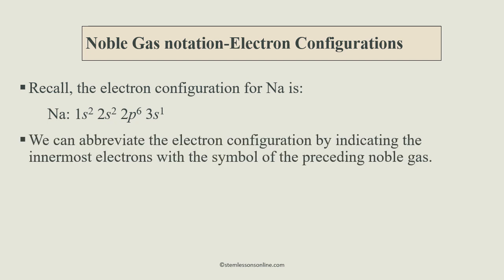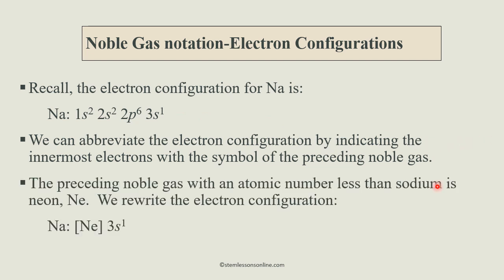If we consider the valence electron 3s1 separated from the core electron, which is the inner electron, we can write the electron configuration as Ne, that is a noble gas, because that corresponds to 10 electrons, and 3s1. So the abbreviated form will be Ne in brackets, and then we write 3s1.